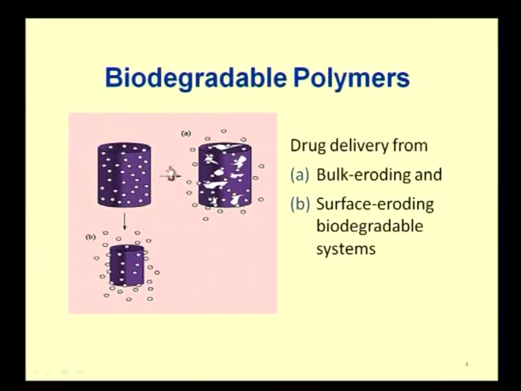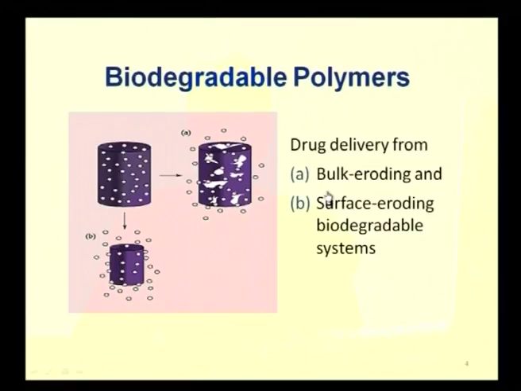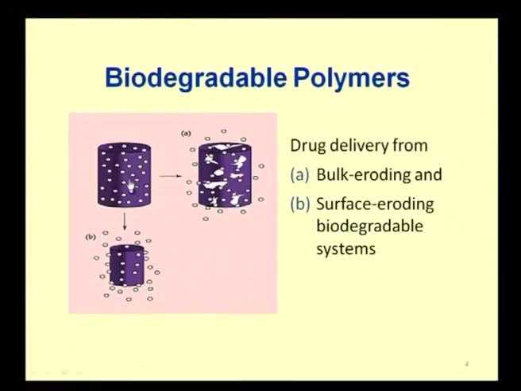Now let us move on to the biodegradable polymers, which we have discussed in part 2. The various examples we have seen show how they are used for delivering the drug by two important modes or methods. One is called the bulk erosion method, the other one is surface erosion. The drug delivery from the bulk eroding method is indicated in the picture here.